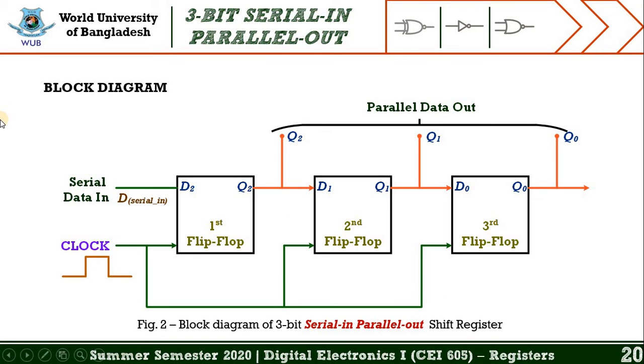Well, this slide represents the block diagram of the 3-bit serial in parallel out shift register. If we look at this figure, you may find there are 3 flip-flops named first flip-flop, second flip-flop, and third flip-flop.